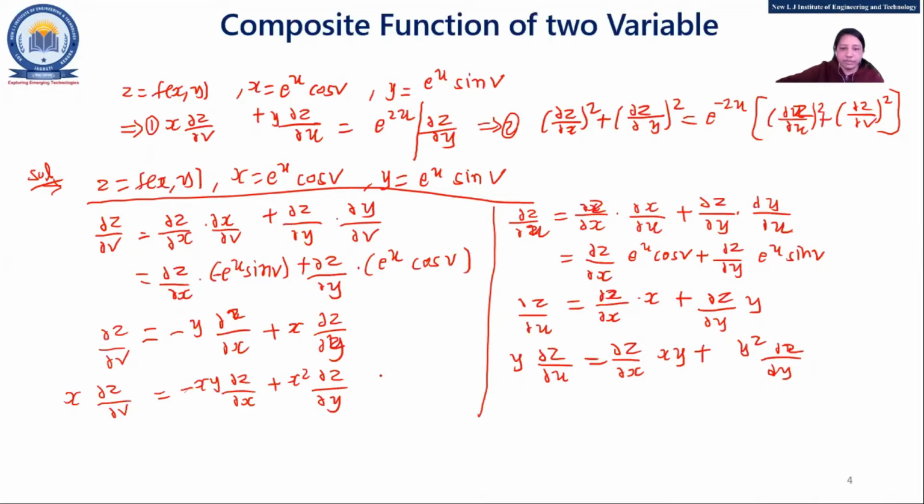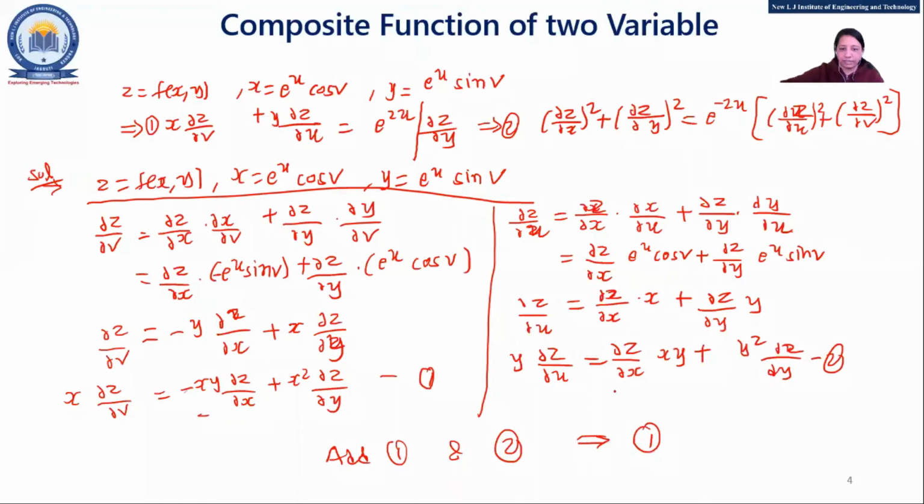So this is my first equation and this is the second. If you do the addition of 1 and 2, you will get the proof of 1. Simply add 1 and 2. This term is supposed to be cancelled out.